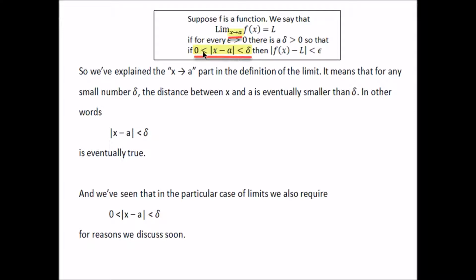It always is a little bit away from a, but that distance keeps getting smaller and smaller. So that is what this means. And it means that this is eventually true. This is review. And in limits, we also require that it doesn't actually ever reach a, that the distance never becomes 0, but it just gets smaller and smaller.